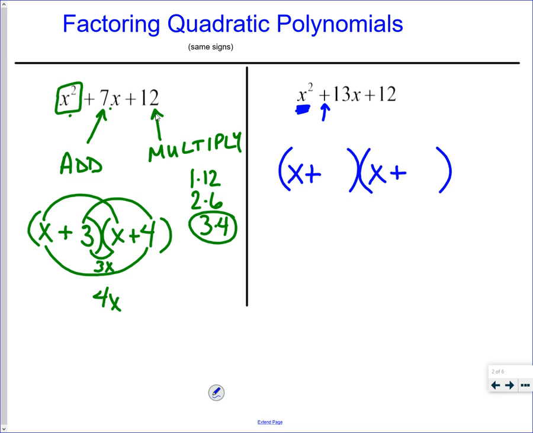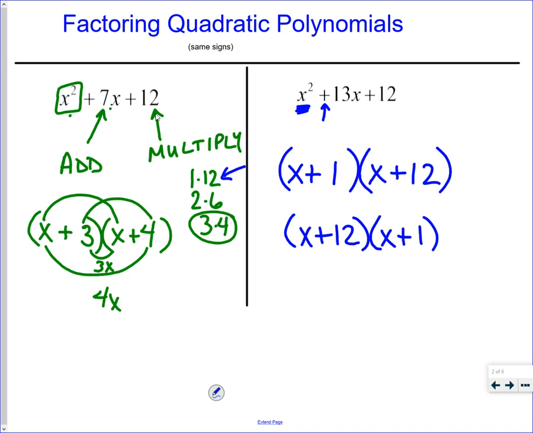Now, I need numbers that multiply to be 12, but this time they have to add to be 13. So you can look back at the list that I made, but this is the one that's going to work, 1 and 12. Now, by the way, I don't care if you put the 1 first and then 12 second, or if I put the 12 first and the 1 second. They are exactly the same answer.